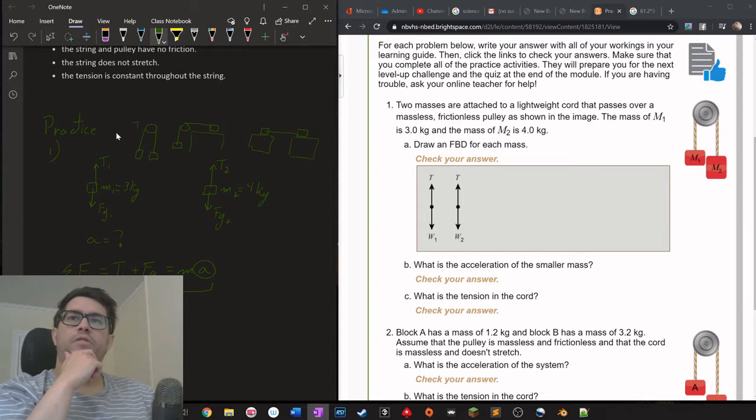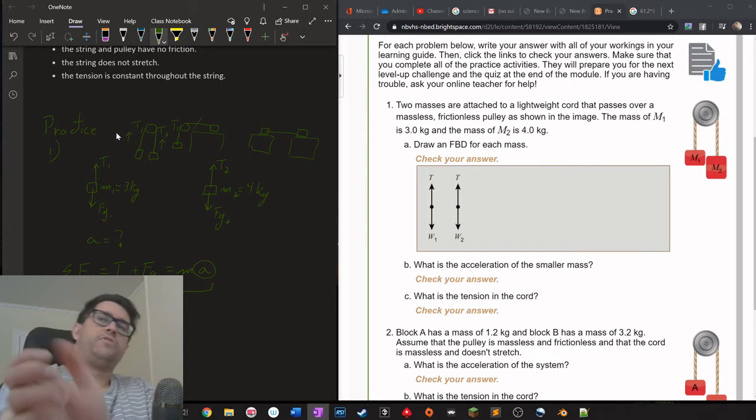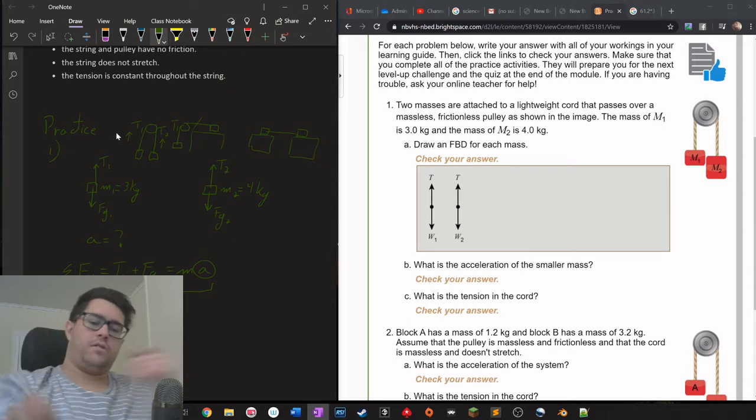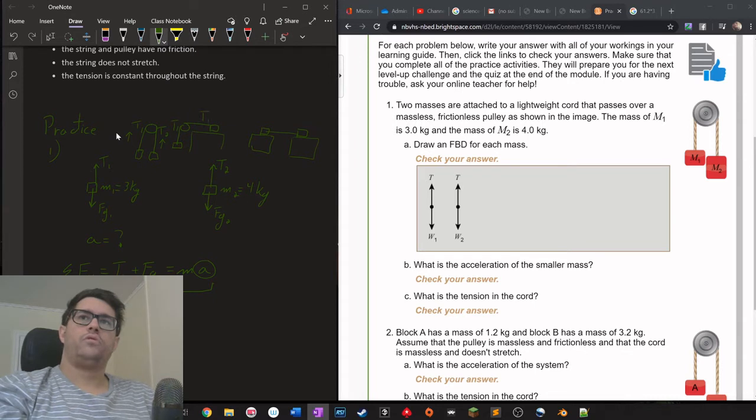I think that T1 is going to be the same as T2. T1 is up, T2 is up. The tension in the cord, if you cut this cord off, there's no more tension. This tension is caused by T2, T2's friction, or whatever it is that's moving this here.